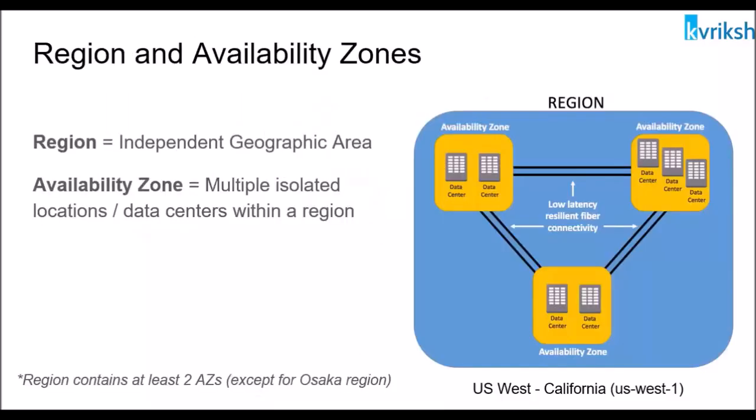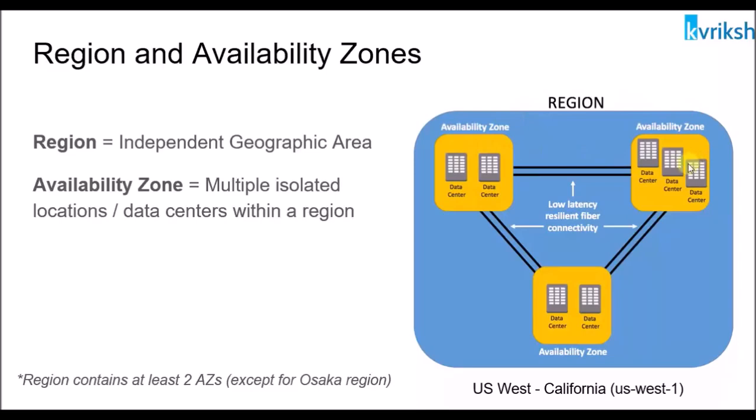As I said, a region is one geographic area. Here the blue area you see is an AWS region, and every region consists of typically 2 or more availability zones for high availability of your application.